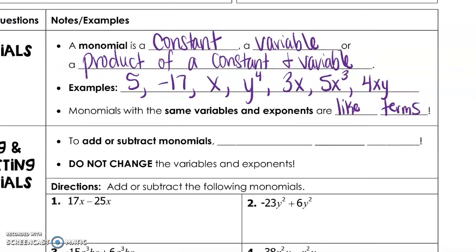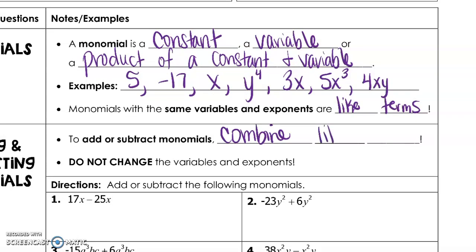So when we add or subtract, if you look at number 1, we're taking 17x minus 25x. You just combine the like terms. You do not change the variable or the exponent. You only change the coefficients, the front numbers.